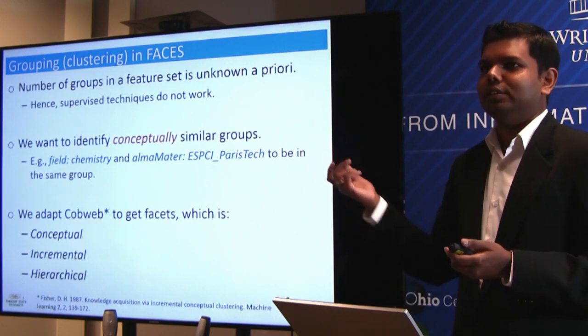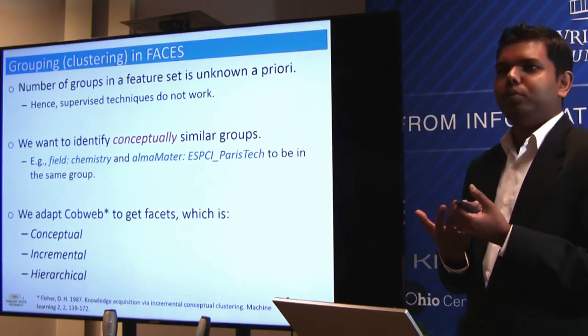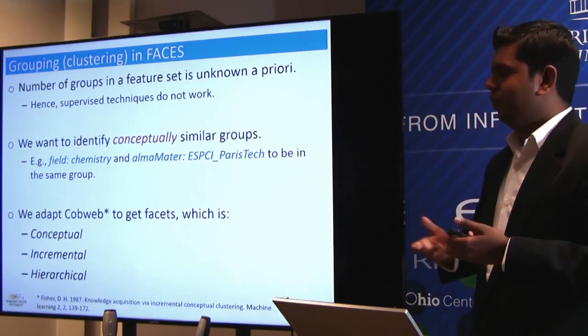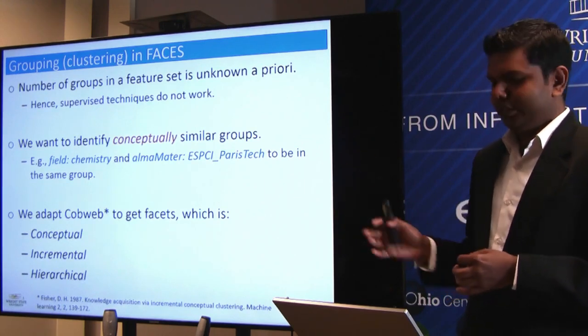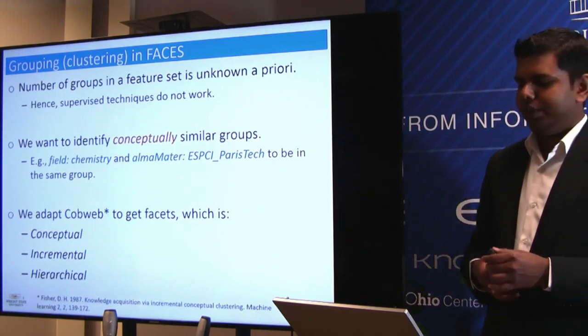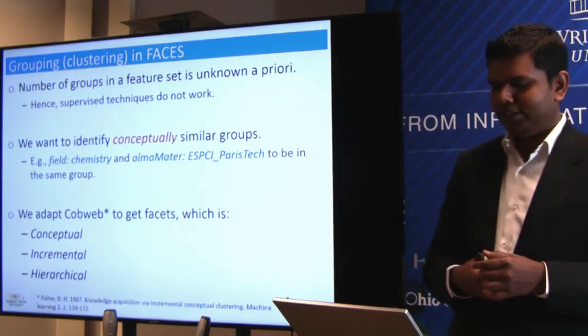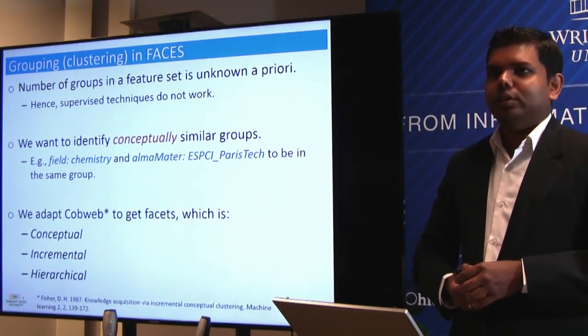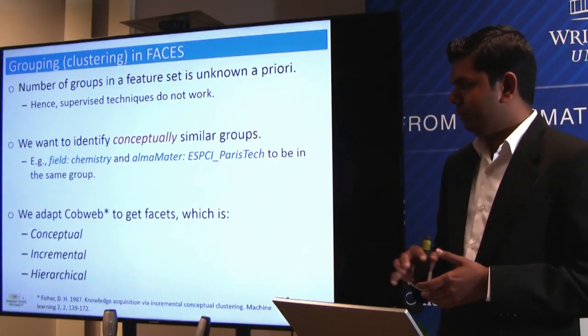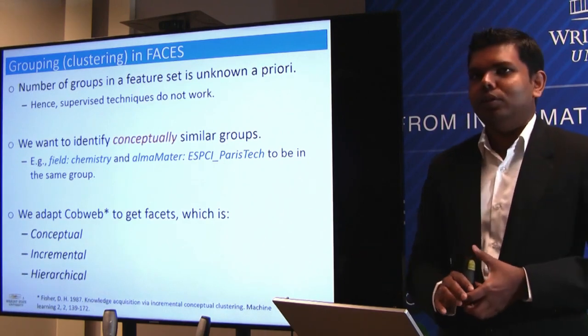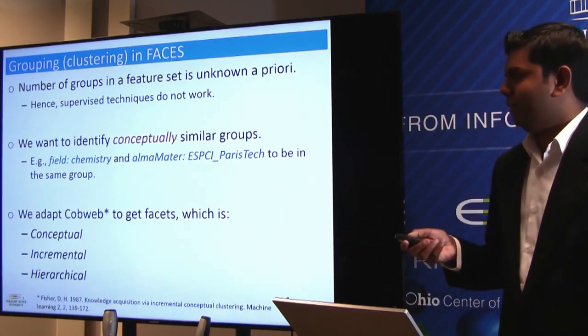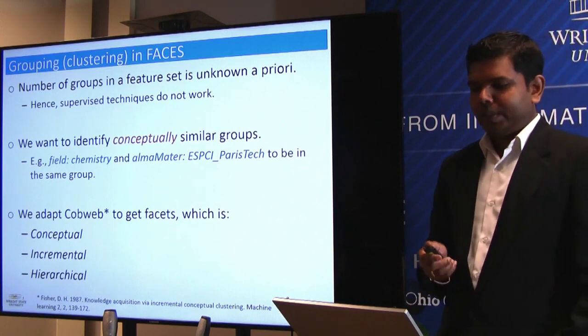Their characters and words are not the same. But we want them to be put together, and that's the challenge that we want to solve. In solving this problem, we adapted a hierarchical, incremental and conceptual clustering approach called COBWEB, which is quite old in the literature, but we find it interesting and it suits our needs here.